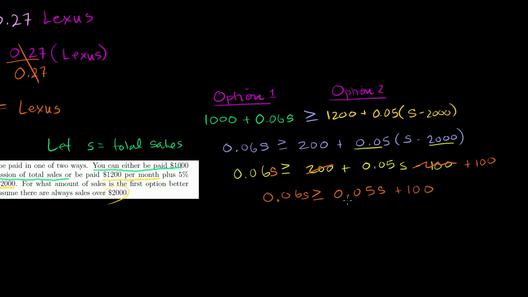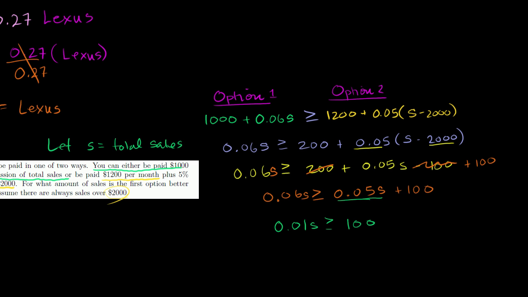Now let's subtract 0.05s from both sides. 0.06s minus 0.05s is 0.01s, which is greater than or equal to 100.